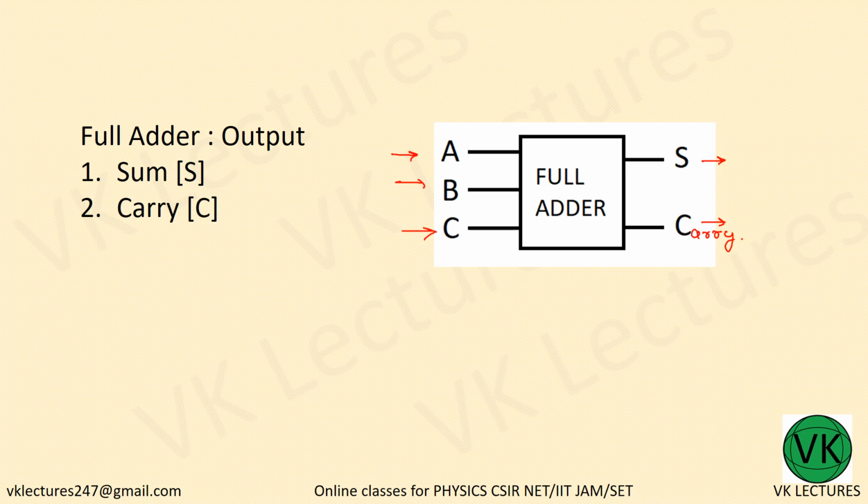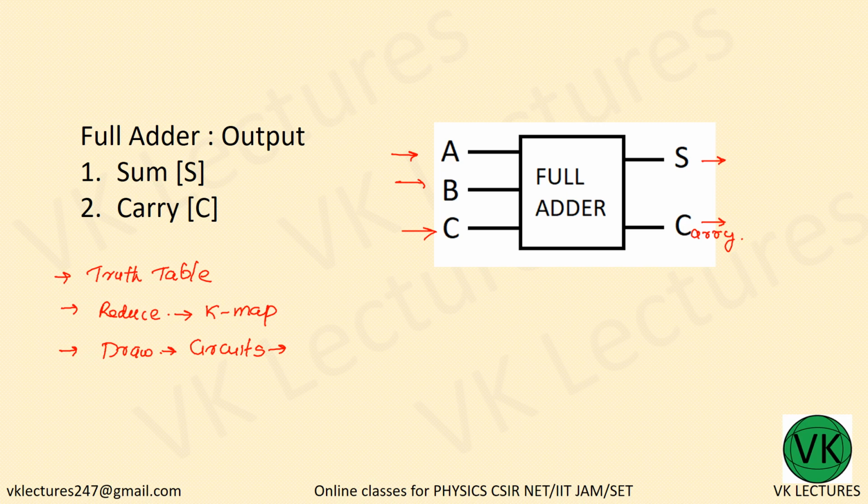First we start with the truth table, then we reduce it using the K-map, then we draw the circuit and build it using the gates.